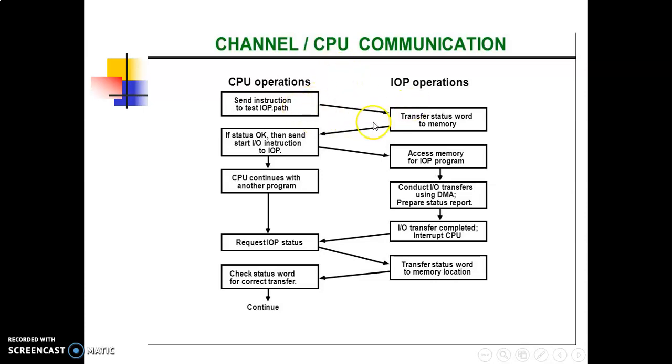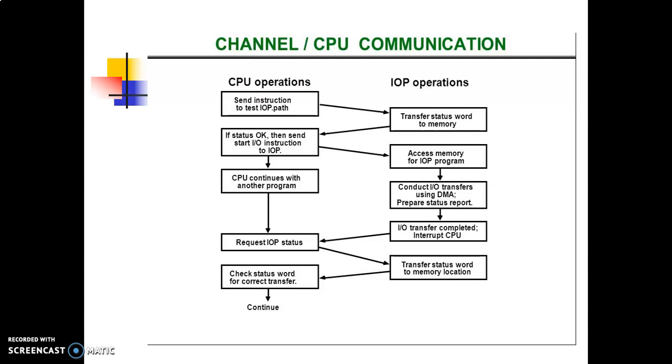The input-output processor responds by inserting a status word in the memory for the CPU to check. The bits of the status word indicate the condition of the IOP and IO device, such as IOP overload condition, device busy with another transfer, or device ready for IO transfer.